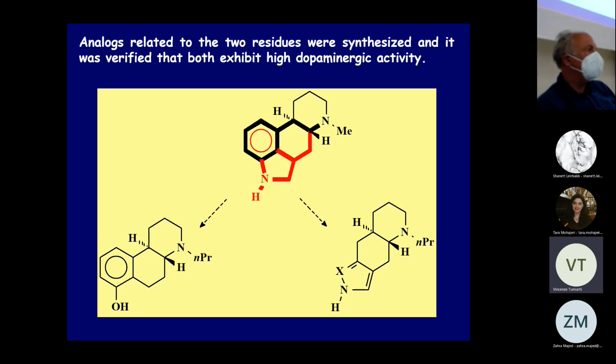The final result is that these alkaloids have a very potent activity on the dopaminergic receptor. They are endowed with a very high dopaminergic activity.